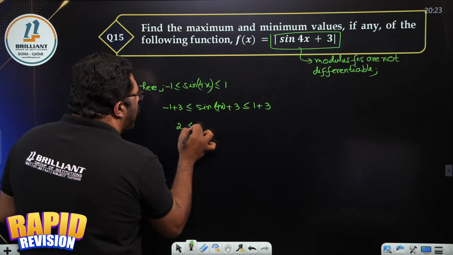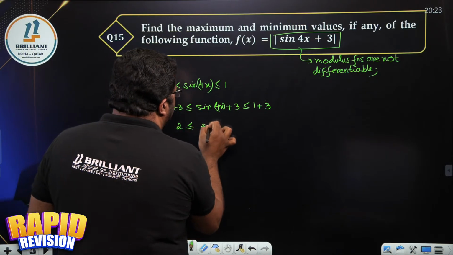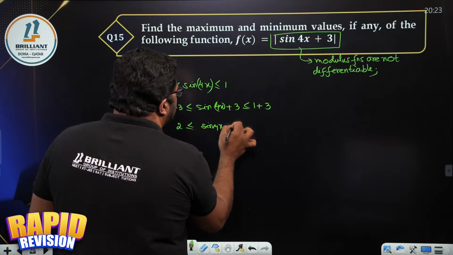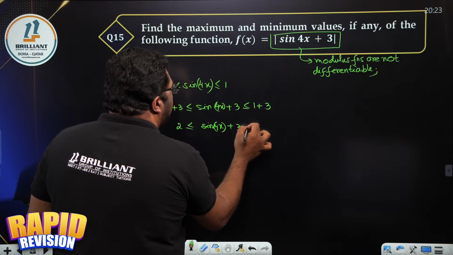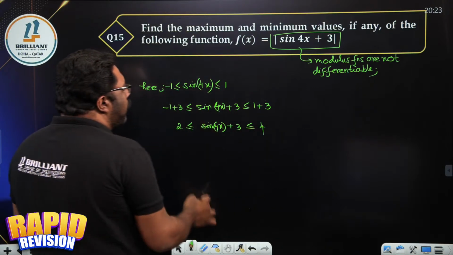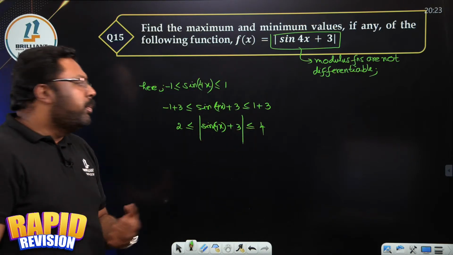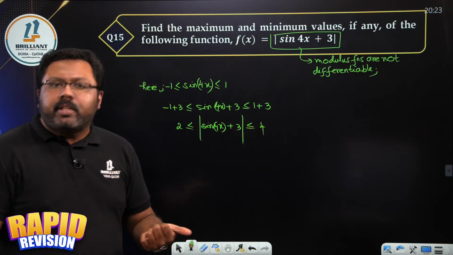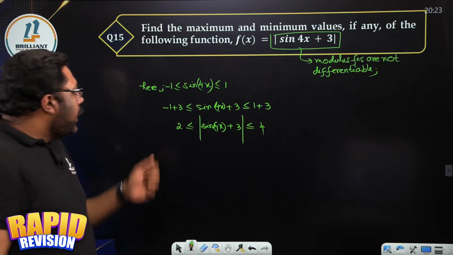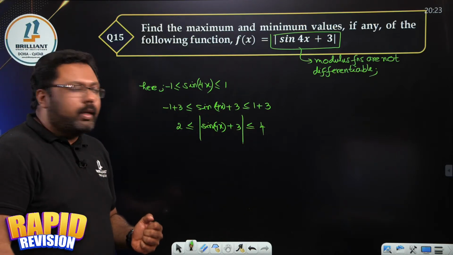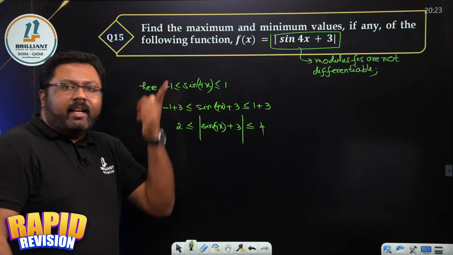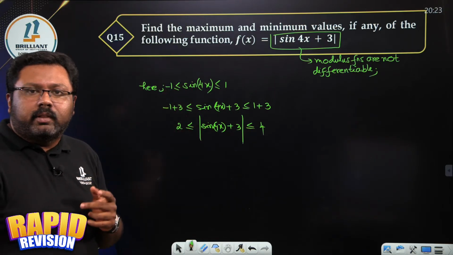So 2 is less than or equal to sine 4x plus 3, less than or equal to 4. Even if I apply modulus, no problem, because all values are positive. In case this was -2, modulus will neglect the negative side of the interval.